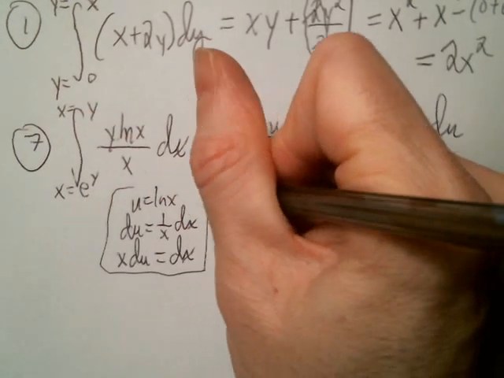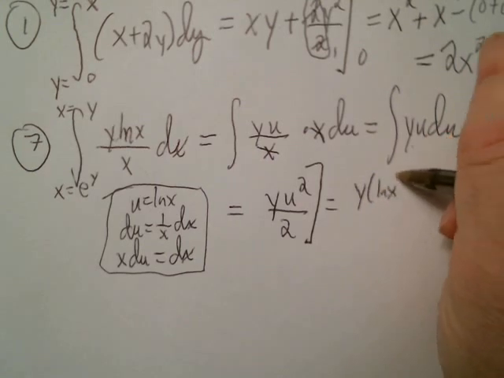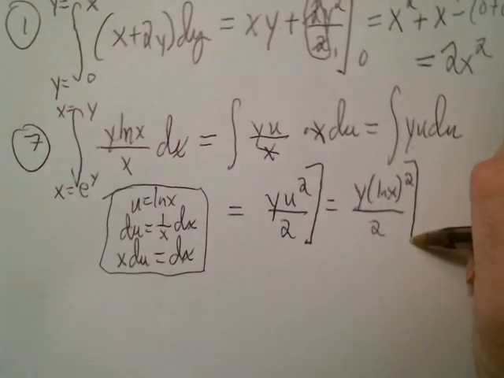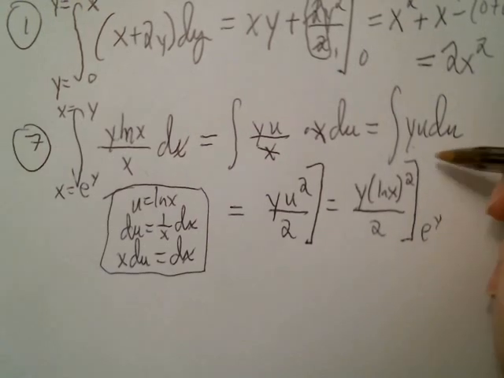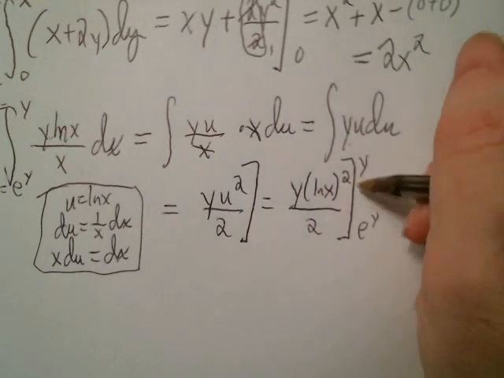So using this here, I'm going to get y times the ln of x squared all over 2. And I'm integrating from e to the y to y. Okay.